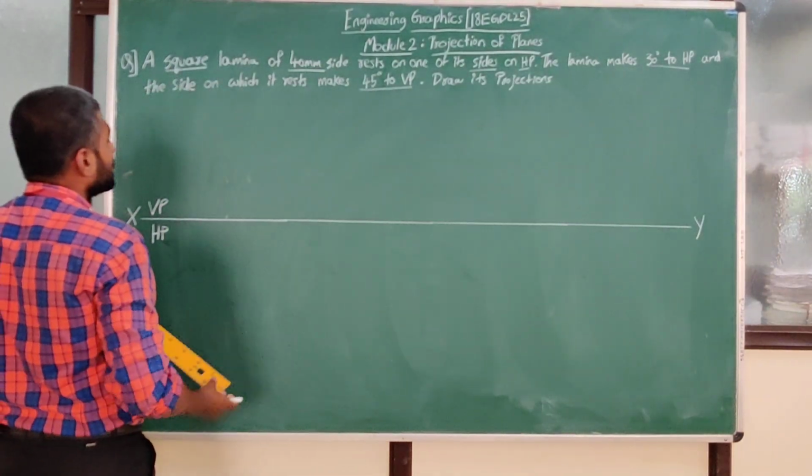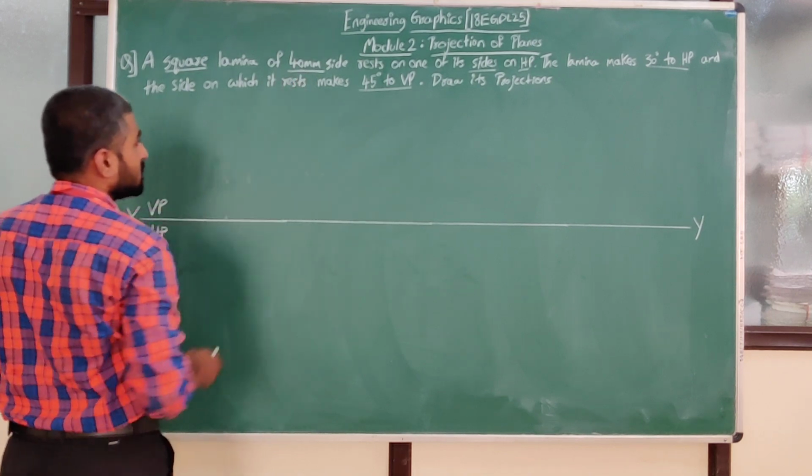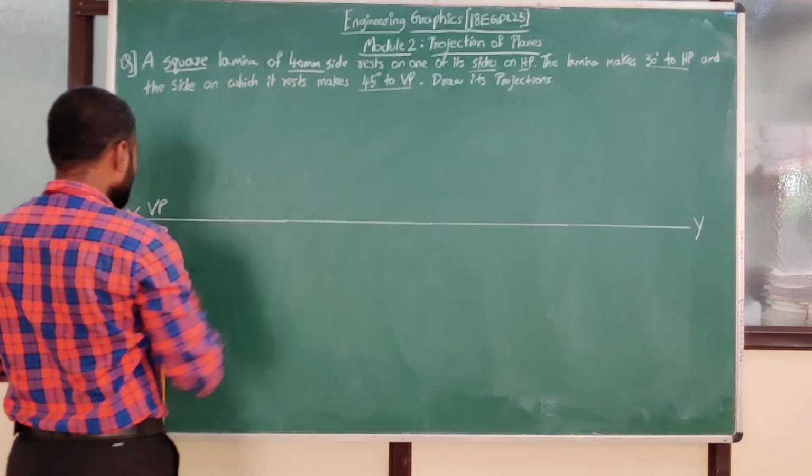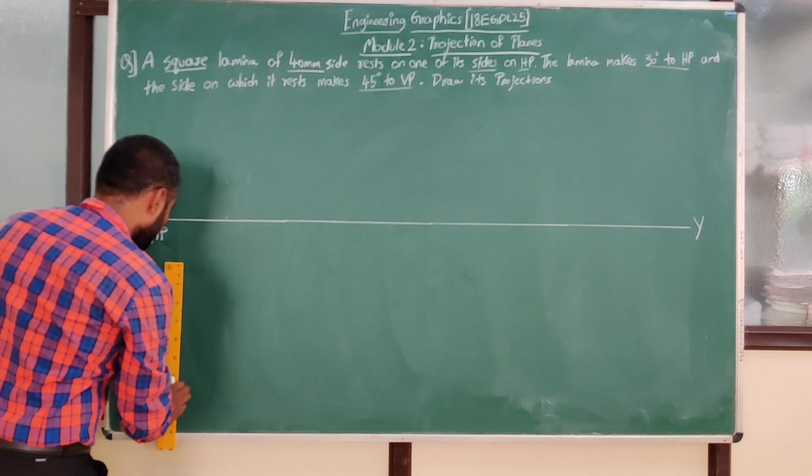Initially the given thing is that the side is 40 mm, resting on the HP, and it is a square lamina. So I am going to draw the 40 mm lamina here.